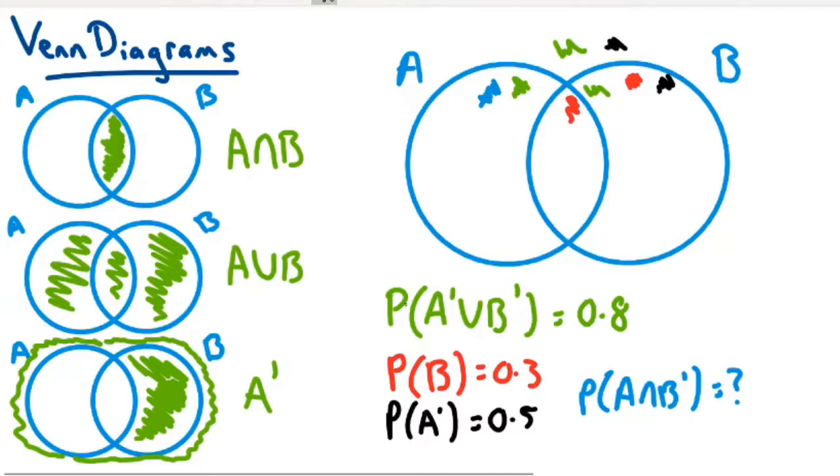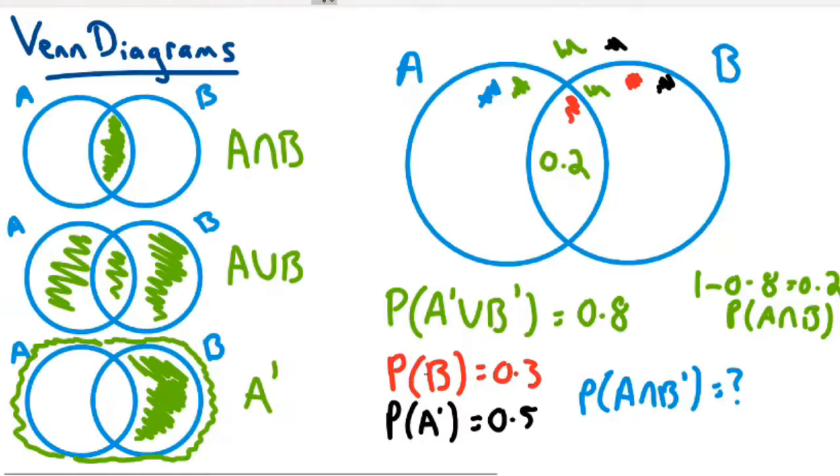That's in any kind of probability. 1 has to be the total, 1 is a certainty. So if all of this is 0.8, 1 minus 0.8 is going to equal 0.2. And that has to be the probability, say, of the intersection. So 0.2 is going to go in here.